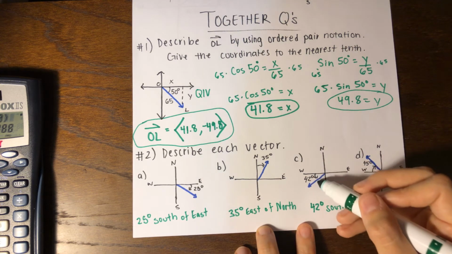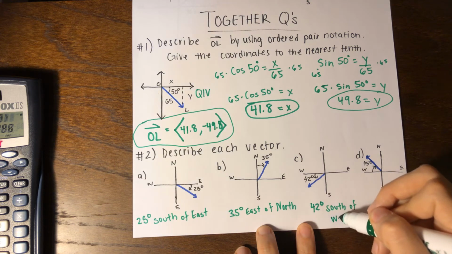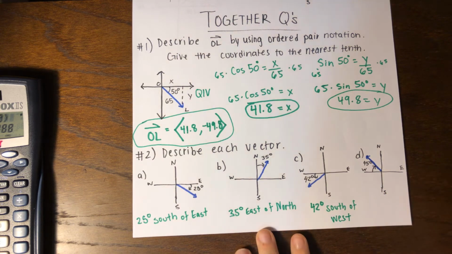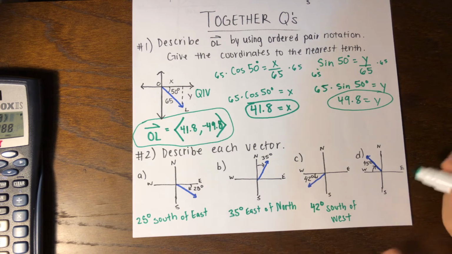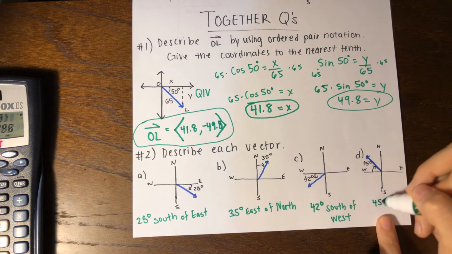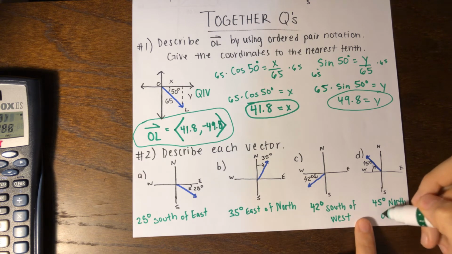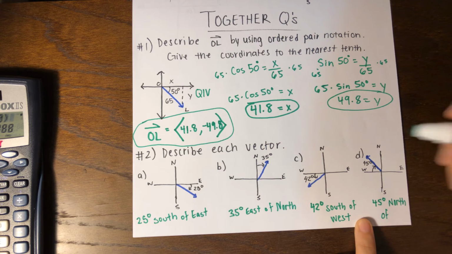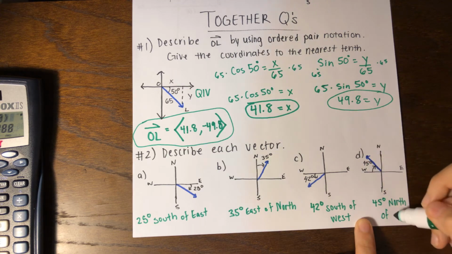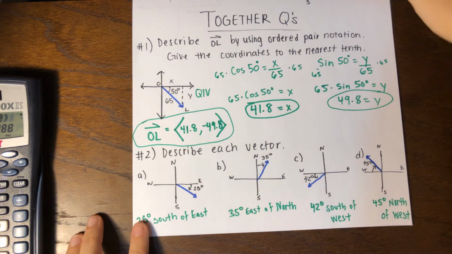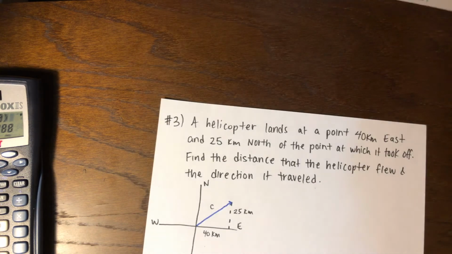The arrow's pointing from west down, so of west. Last one, we have 45 degrees, okay, and it went north of, and then where did it come from? West. Okay, remember you can pause the video at any time if you need.